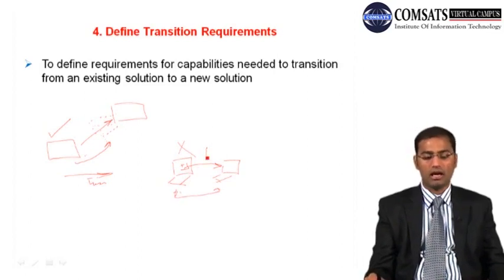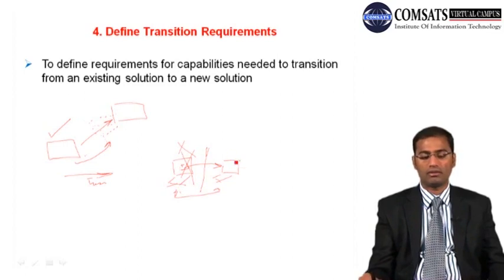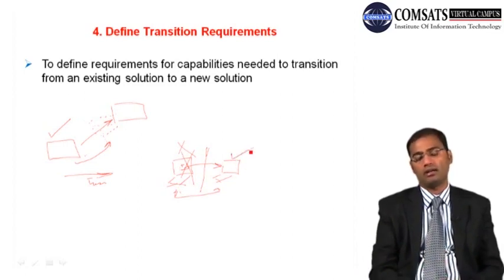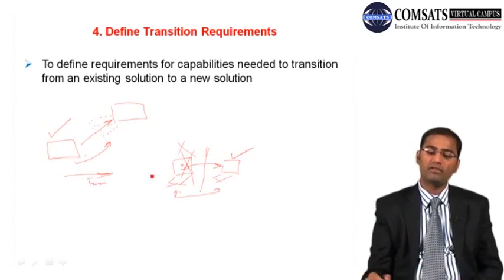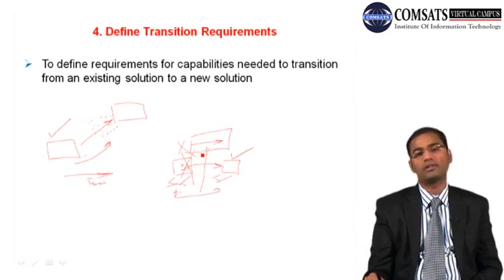There may be a situation where we are selling this thing, but we are using only one laptop or computer. So this is an example. What are the requirements from this point to this point?